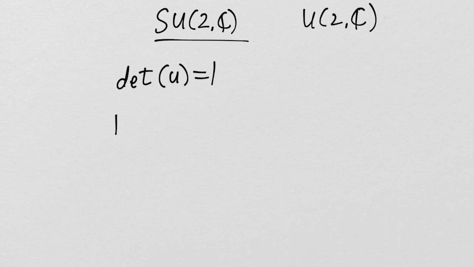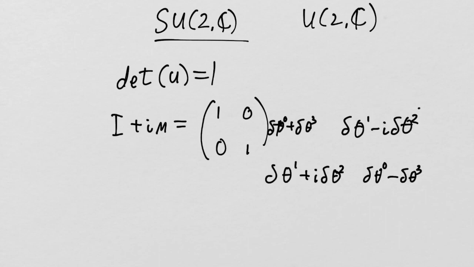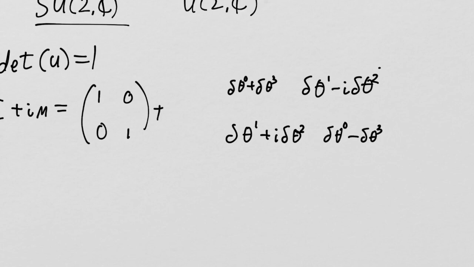A regular element U is going to be the identity plus iM, which will be 1, 0, 0, 1 plus this guy times i over 2, right? You see how that i over 2 convention works its way into this analysis as well.